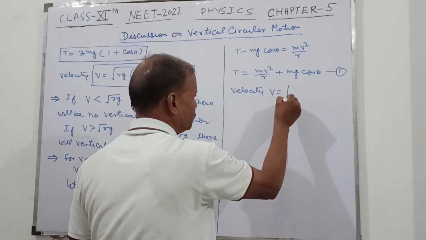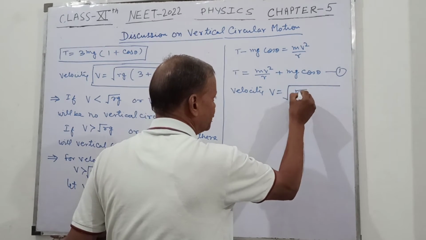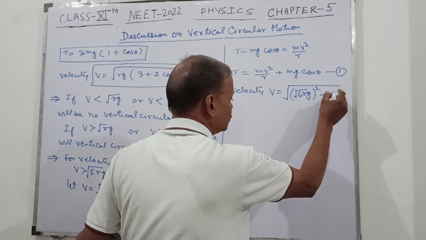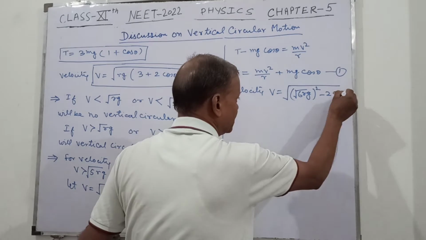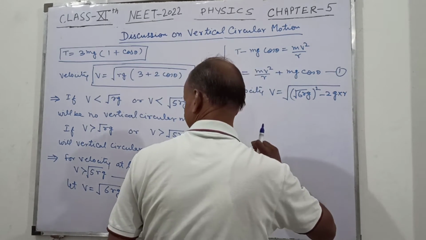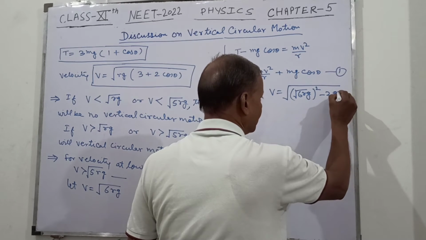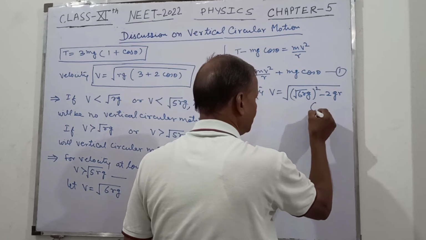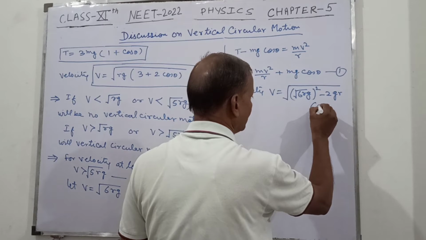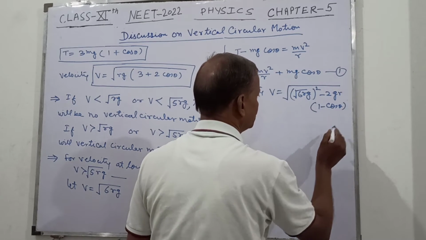Velocity v equals square root of (square root of 6 rg) whole square minus 2g into r into (1 minus cos theta).